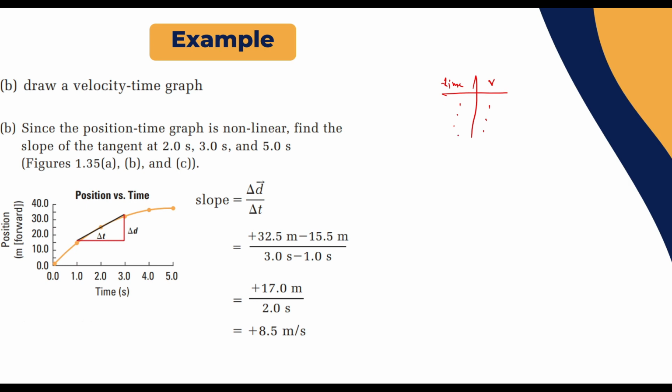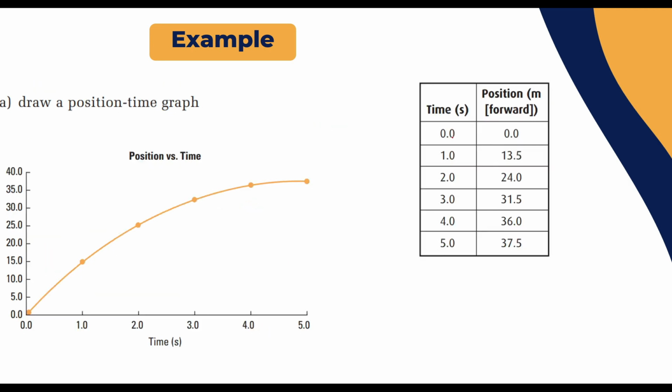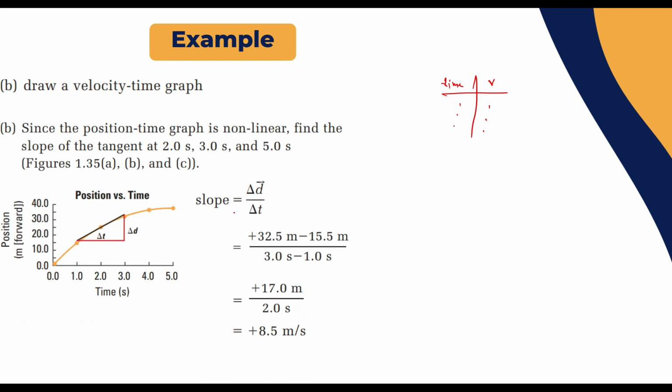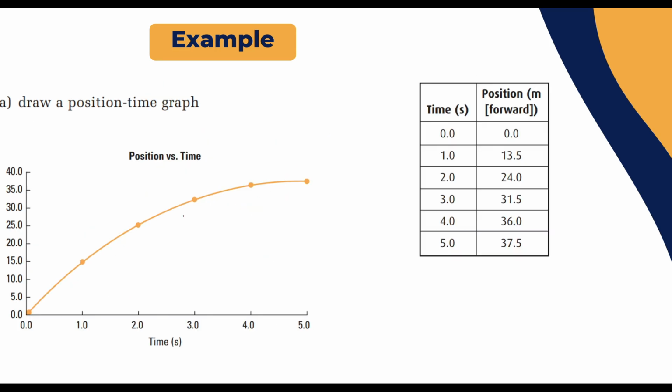It's a little complicated here because your position time graph that you had first is nonlinear. So in this case, you need to find the slope of the tangent at 2 seconds, 3 seconds, and 5 seconds. If you are familiar with the mathematical term of a tangent, you go to 2 seconds and draw a straight line at the 2 seconds point, and at the 3 seconds point, and at the 5 seconds point.